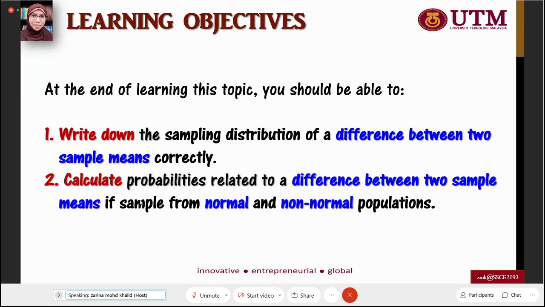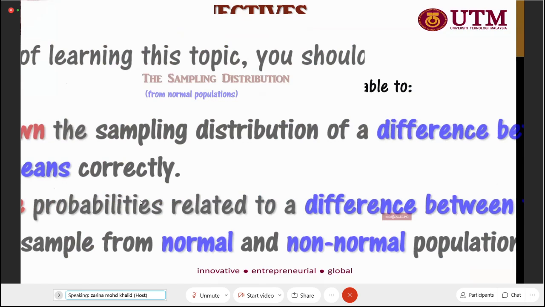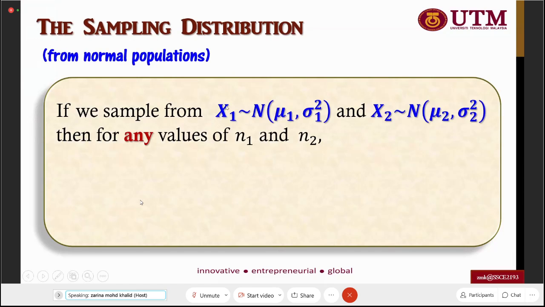So the sampling distribution, okay, suppose you sample from X1. So last time you only had one X. Remember, X referred to the population, the variable representing population data. All right.